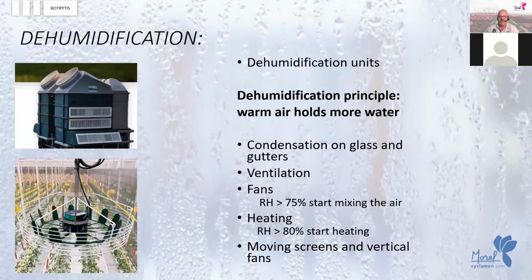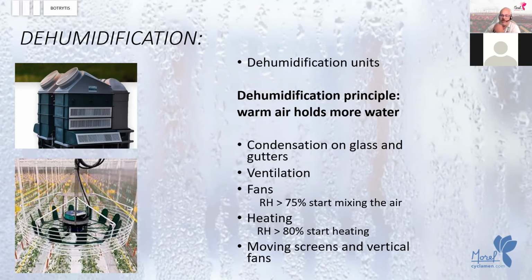plant. So what modes of dehumidification are there? Well, dehumidification is based on the principle that warm air can hold more water than cold air. So by taking in cold air from outside the greenhouse, even if that humidity is higher, if you take that air into the greenhouse where it slowly warms up and the warm air can hold more water, you are dehumidifying.